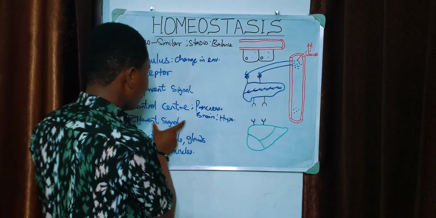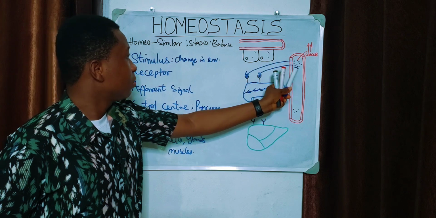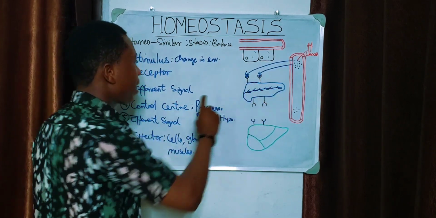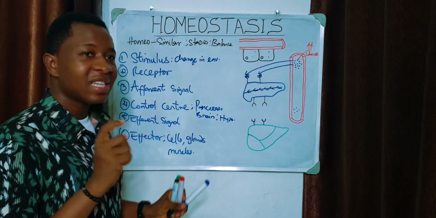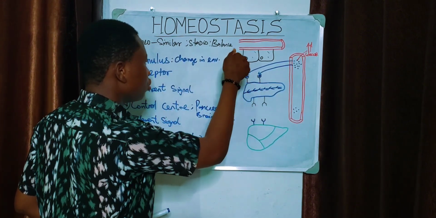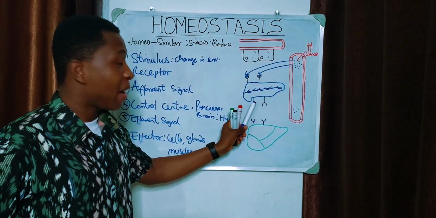Let's say the stimulus is the glucose, and the receptors are the receptors on the pancreas. The afferent signal is the signal sent from the receptor to the control center, which is the pancreas itself.